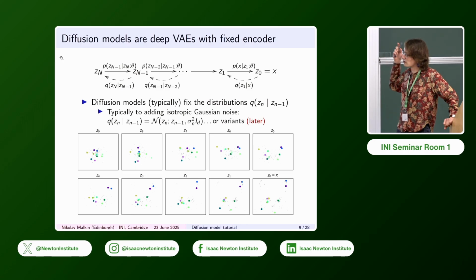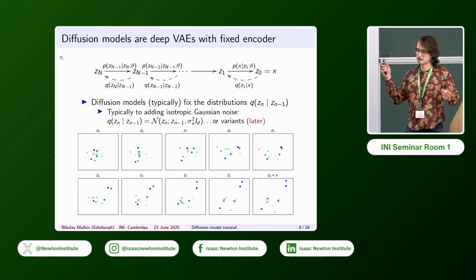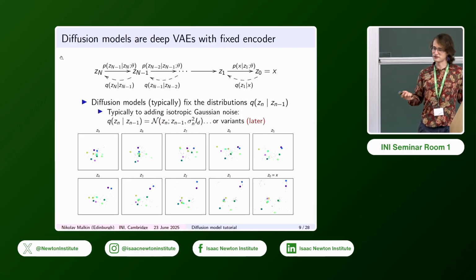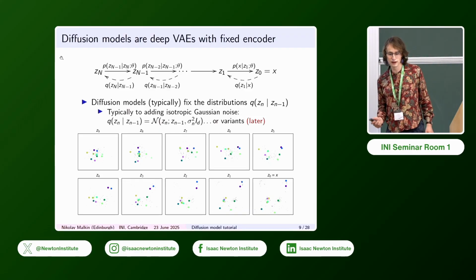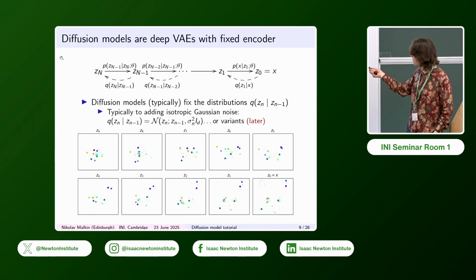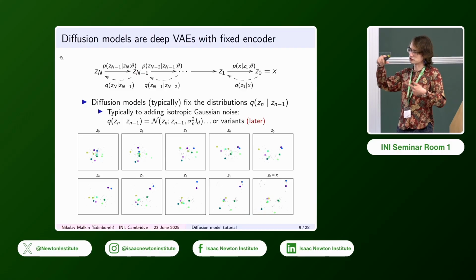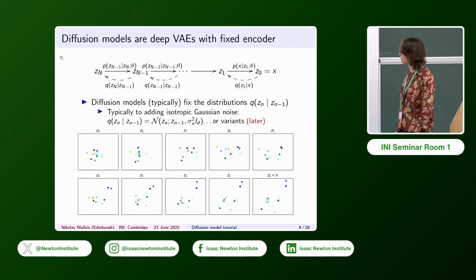The colored points are just some individual distinguished points so you can track how they move. As you add a large amount of Gaussian noise, the signal is almost completely lost. So there's very close to zero mutual information between Z0 and Z9. And in fact, Z9 is approximately Gaussian because the total amount of noise I've added is much larger than the variance of the original cat. I've just scaled the picture to make it all fit consistently.